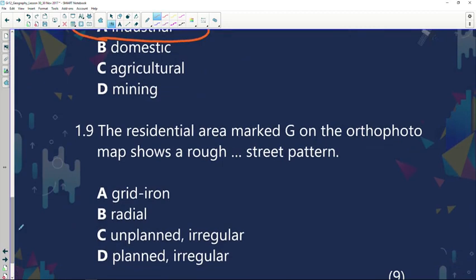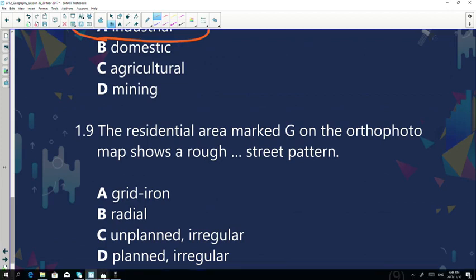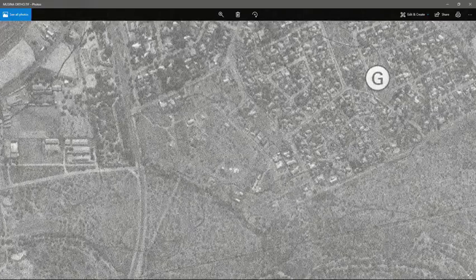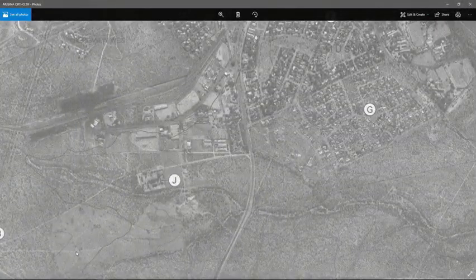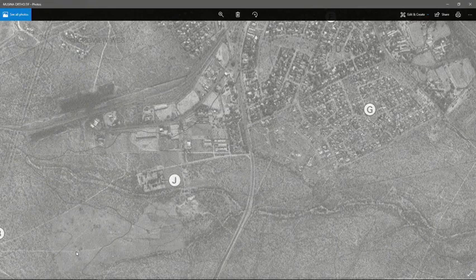If you look at question 1.9, the residential area marked G in the orthophoto map shows a rough what type of street pattern? Now let's quickly go and have a look at number G. Now this is definitely not a gridiron pattern. It's definitely not a radial pattern.